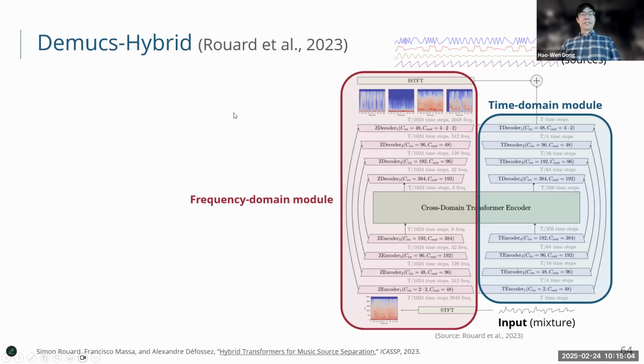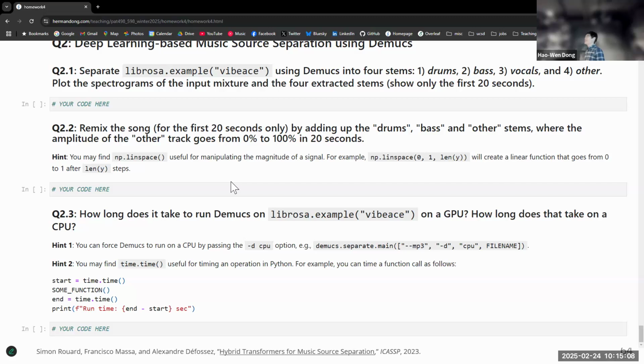Questions on that? Should be pretty simple compared to homework 3. So no training. You should be more familiar with either Colab and Great Lakes.